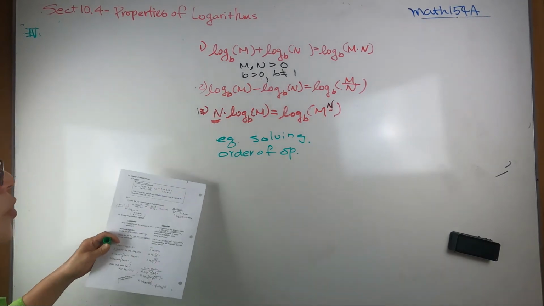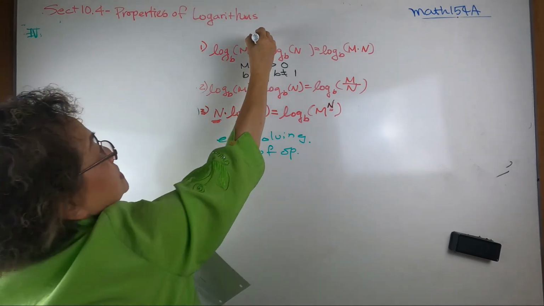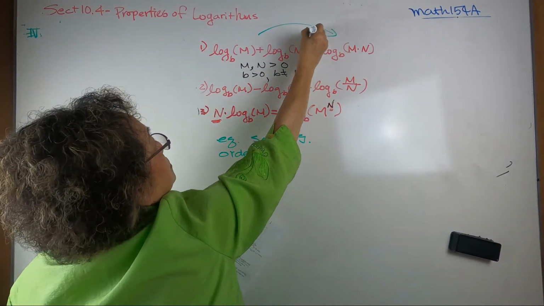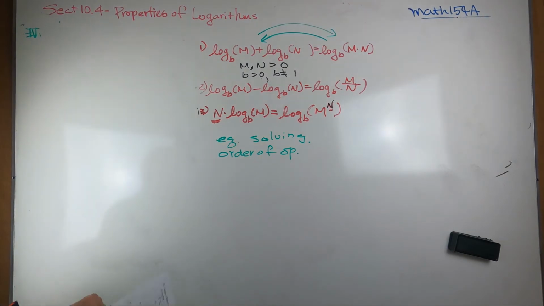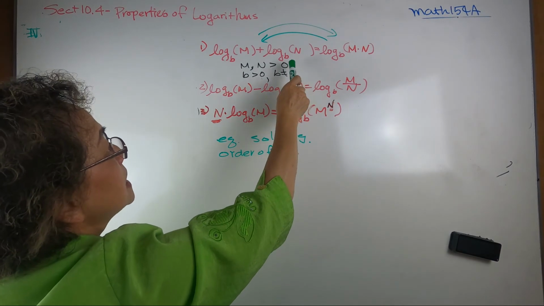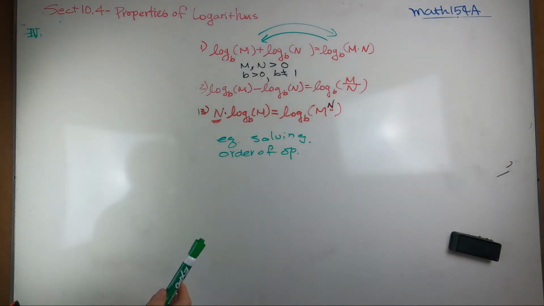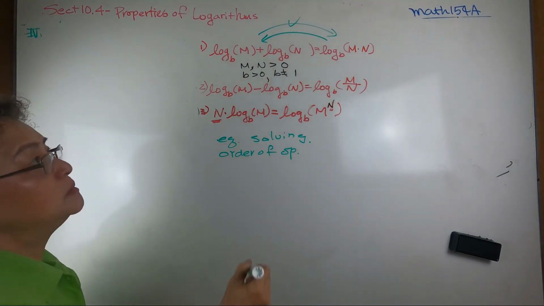Okay, so we can make a single log, or we can do it this way, expand it to many, many little logs. In the old days, we needed to expand it to many little logs to find the numbers. But now we have calculators, and we only need to combine to solve the problems.